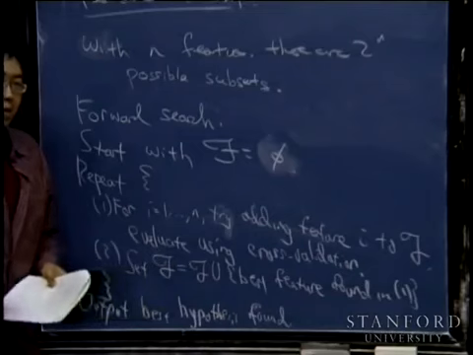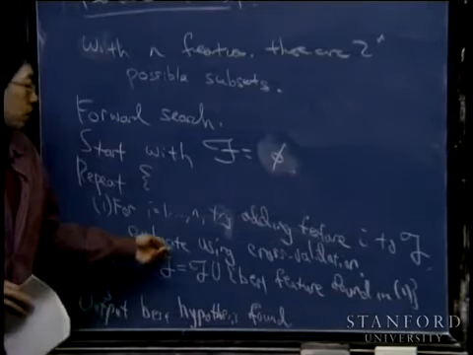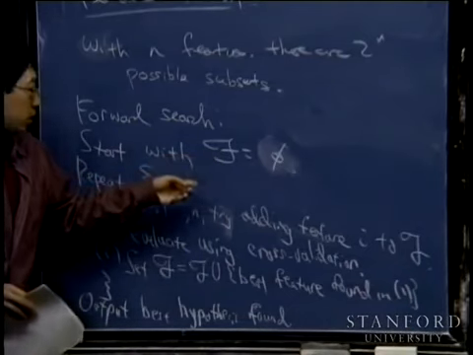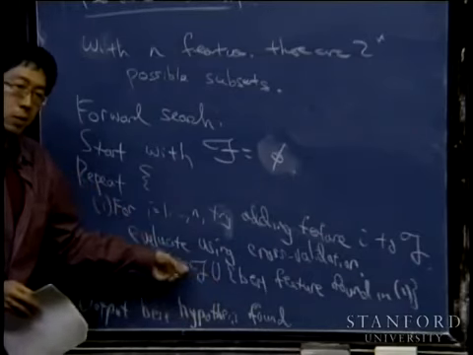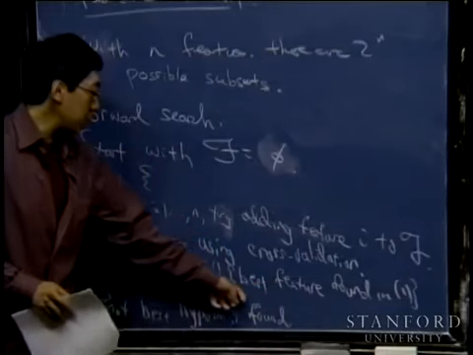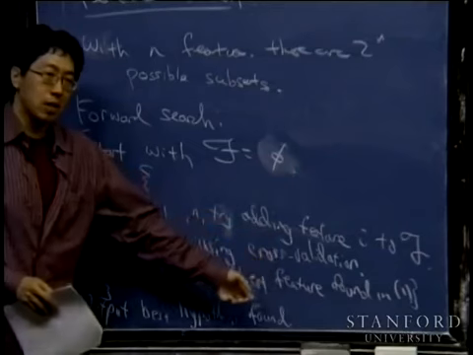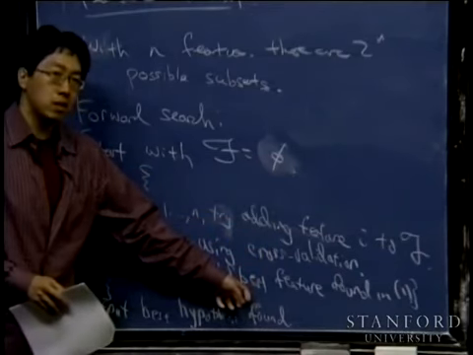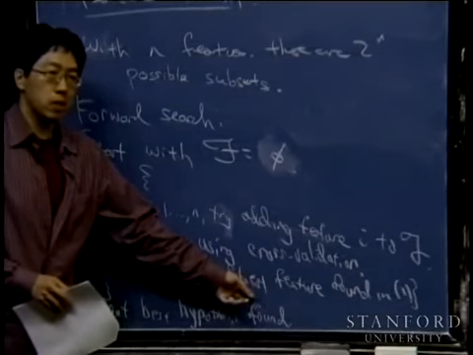Then you train the model and evaluate the model using cross-validation, and basically figure out what is the best single feature to add to your set script F. Then in step 2 here, you go ahead and add that feature to your set script F, and you iterate. And when I say best feature or best model here, by best I really mean the best model according to holdout cross-validation. By best I really mean the single feature addition that results in the lowest holdout cross-validation error, the lowest cross-validation error.